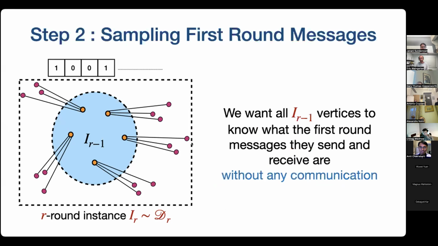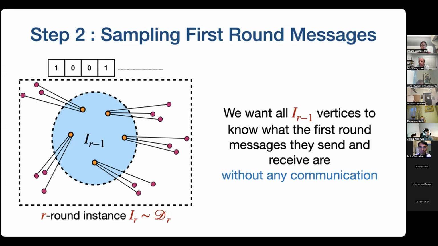So more specifically, we'll figure out a way that all of these vertices inside I_{R-1} are going to know what first round messages they send and receive on this I_R instance without actually talking to each other. So I'm not telling you yet how we can do this.